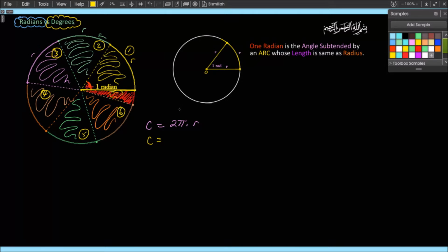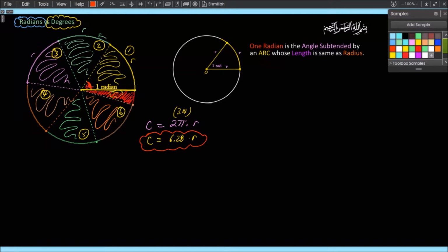And pi is approximately 3.14, right? So 2 times 3.14 is 6.28 times r. So in a circumference, there are approximately 6 radiuses. Circumference is 6 times the radius plus a little bit more. What's left over is like 0.28 of the radius.